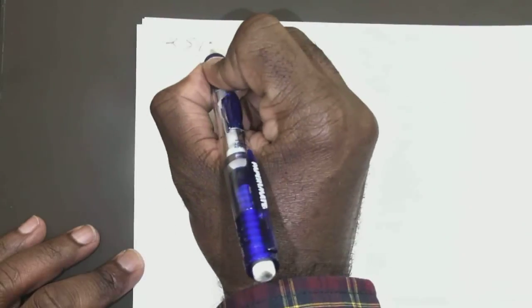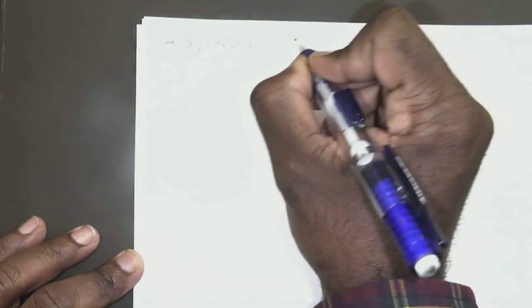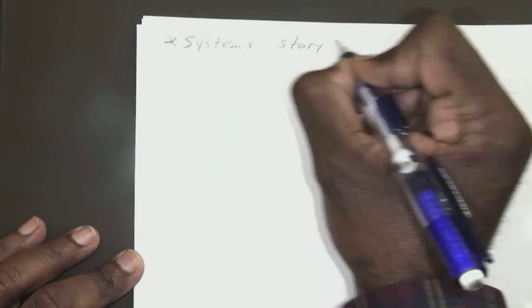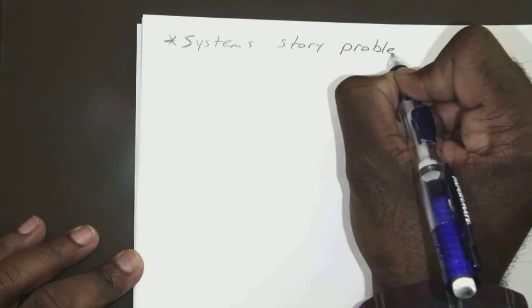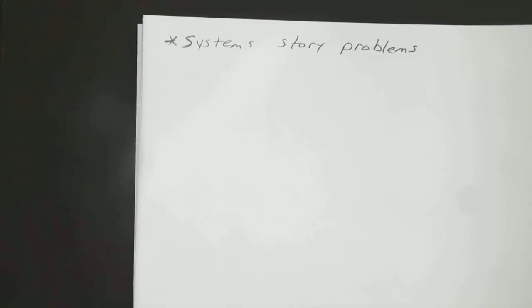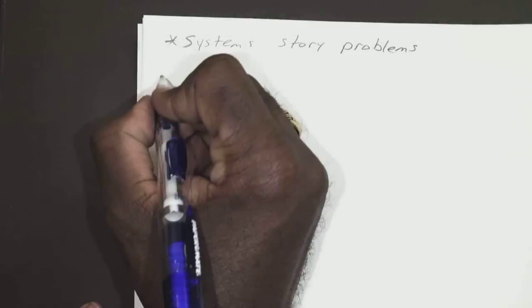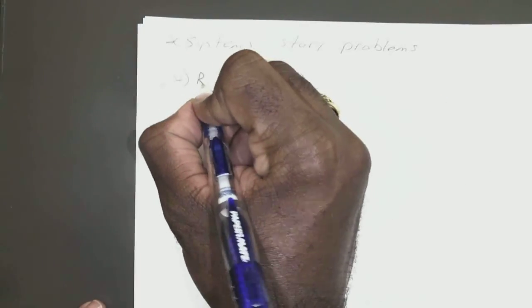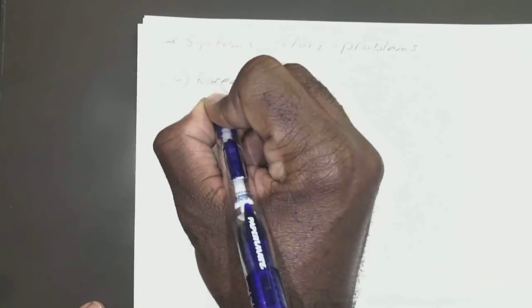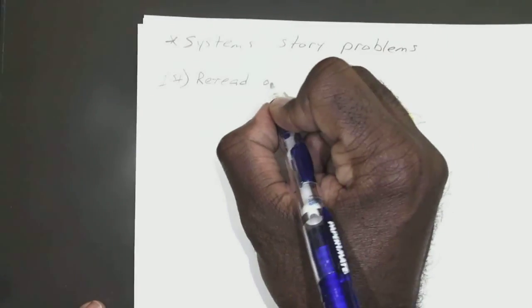Okay, so system story problems. With story problems, the first thing you want to do is probably reread it so you get an understanding of what they're asking for. So reread.